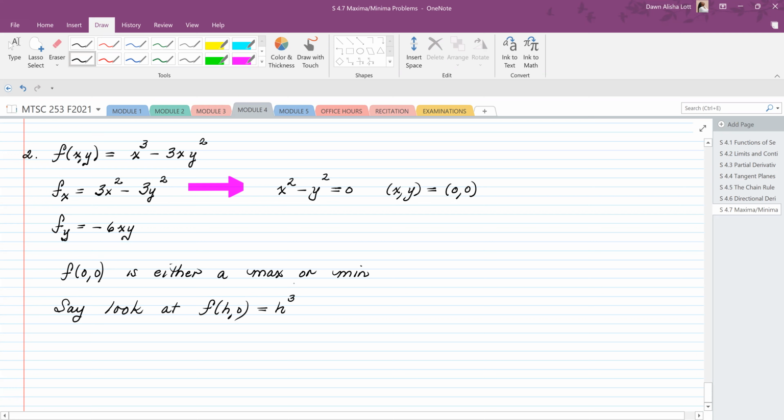So this is negative if h is less than 0, and it's positive if h is greater than 0. So f of 0, 0 is not either a max or a min. It is a saddle.